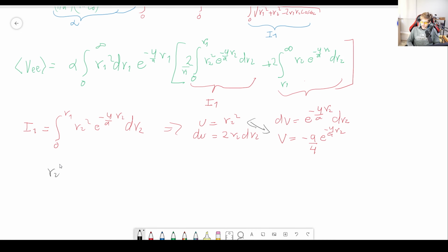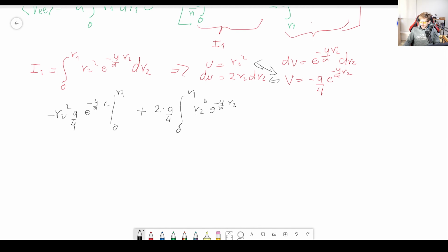So we get R2 squared times minus a over 4 e to the minus 4 over a R2, all of this evaluated between 0 and R1. And then we get minus this times this, so another minus sign, so we get a plus, and then 2 times a over 4 times the integral from 0 to R1 of R2 e to the minus 4 over a R2.